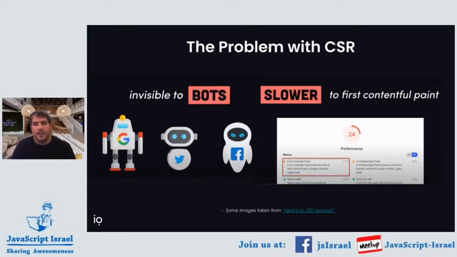And thus we have to use elaborate tricks and other options. In addition, we have a slower time to first contentful paint, which from the user experience perspective means less interactivity.